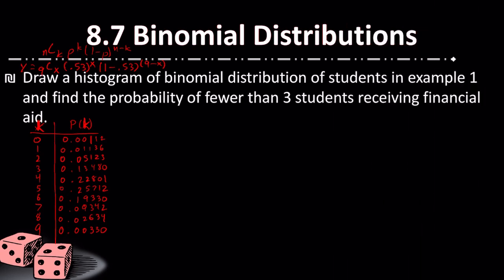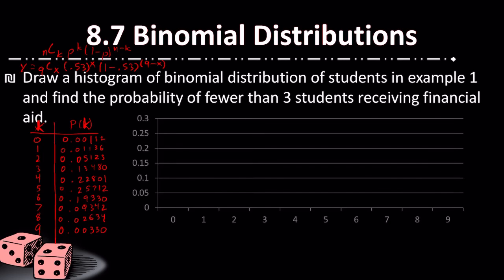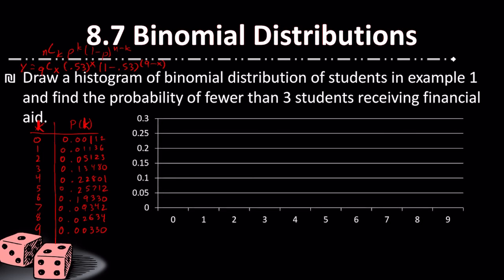So a handy way of putting it in the calculator: just fill in everything except the x replaces k. K becomes x. You put it in where you normally do your graphing, so your functions. And then we make a histogram, so we make a chart. Notice the highest is actually only 0.257. None of those look like very high probabilities.